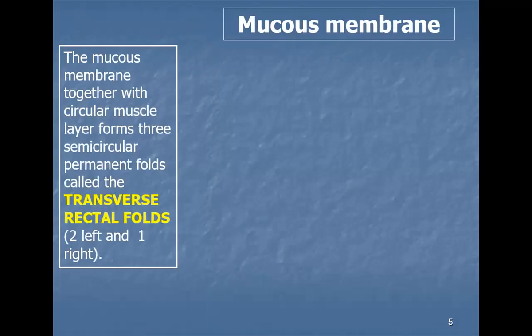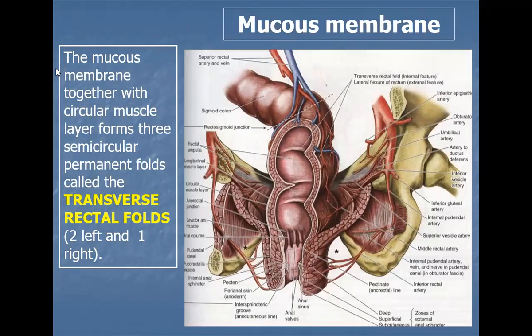Coming to the mucosa, the mucous membrane together with the circular muscle layer forms three semicircular permanent folds called the transverse rectal folds. You see here, the circular smooth muscle with the inner mucous membrane together gives rise to folds. There are projections, invaginations inside.